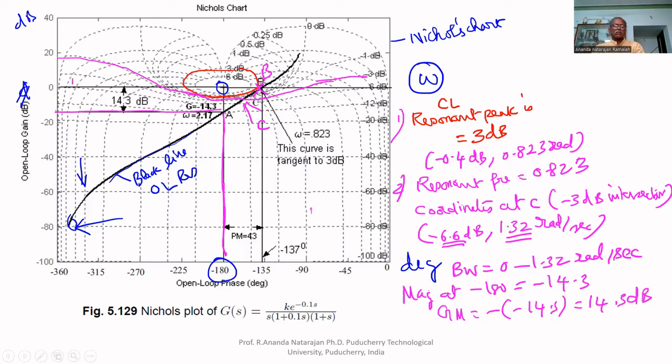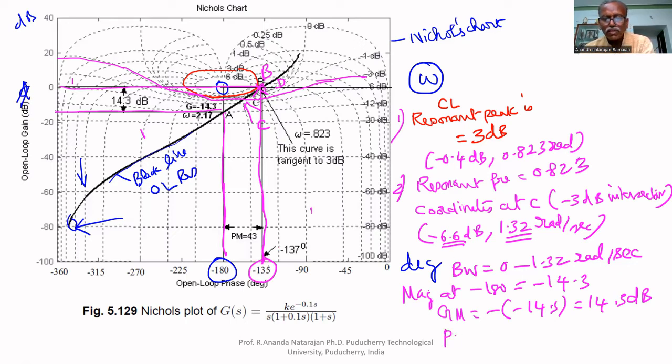That is gain margin. How to read the phase margin? Draw a horizontal line at 0 dB. It cuts at D. At D, project vertically, you get the angle minus 137.